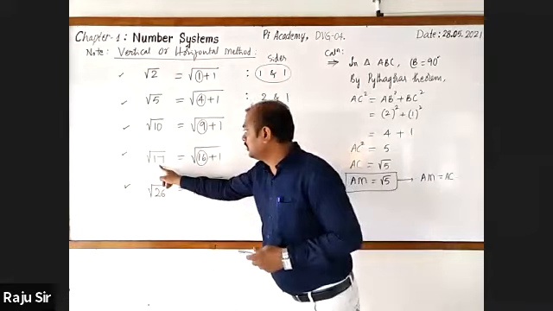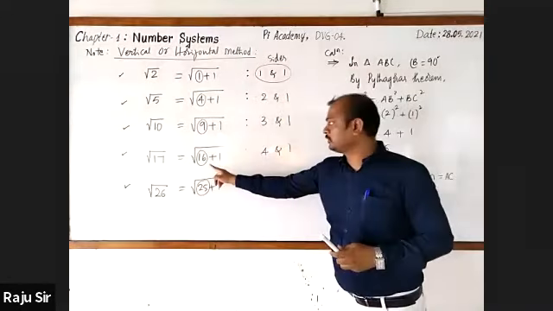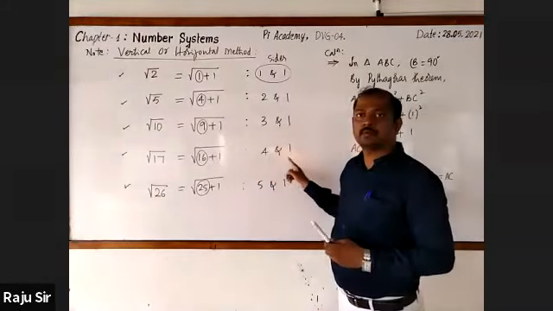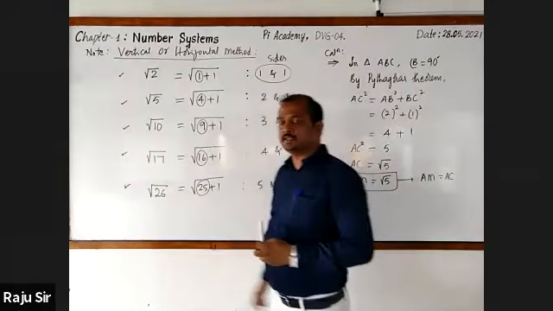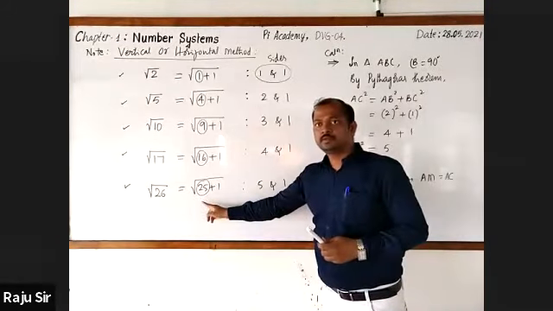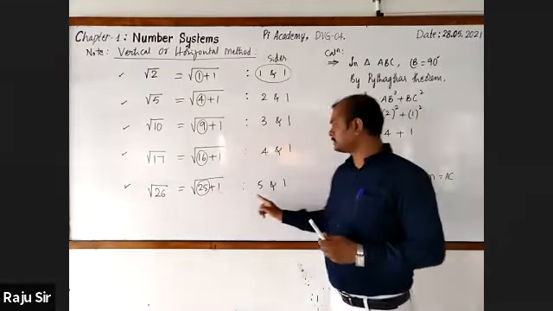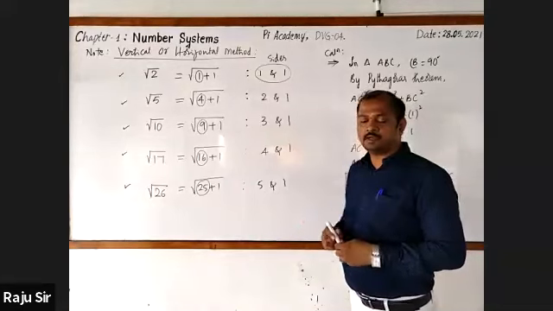Next, root 17, square root of 16 plus 1, sides are 4 and 1. Square root of 26 is equal to square root of 25 plus 1. The sides are 5 and 1.